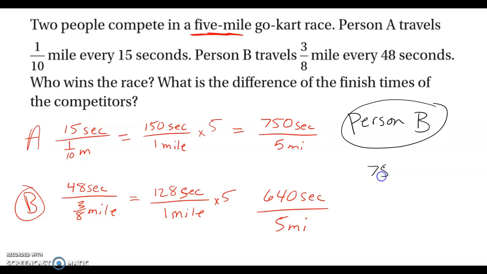So 750 seconds minus 640 seconds. That's a difference of 110 seconds, which should almost be 2 minutes. So they're 110 seconds faster.